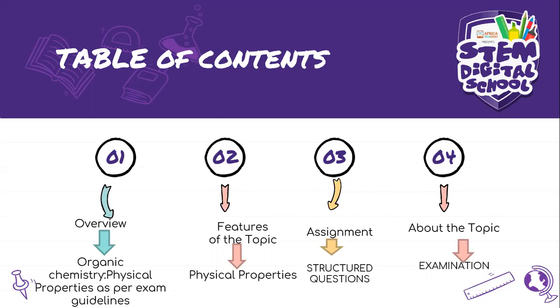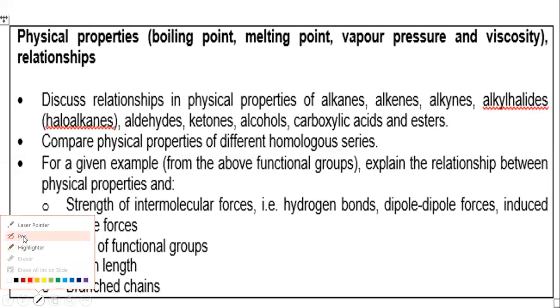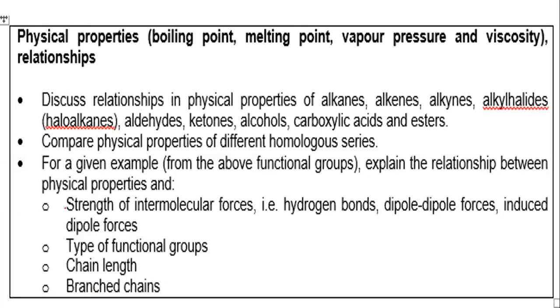So hopefully you are ready for me, and we go straight into the first section, which is the overview, where we learn what the examination guidelines really expect of us. Firstly, we will understand the relationships of physical properties altogether.